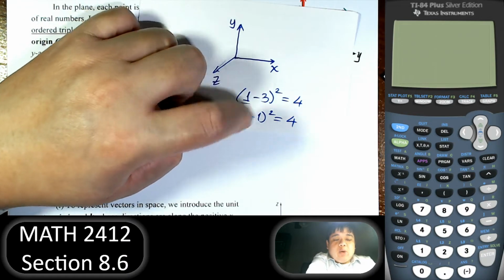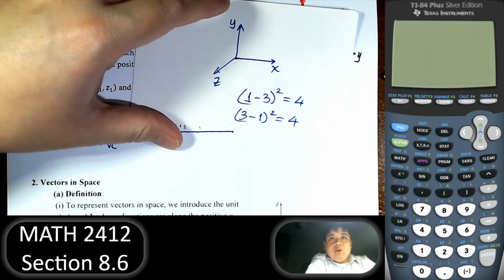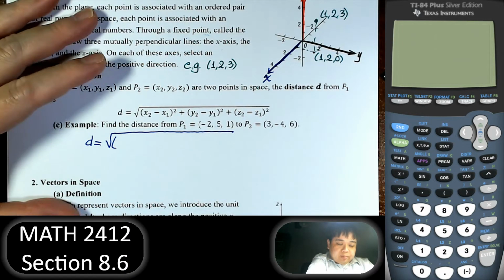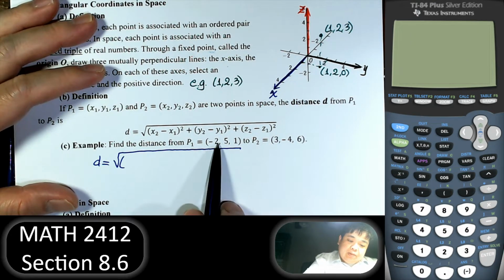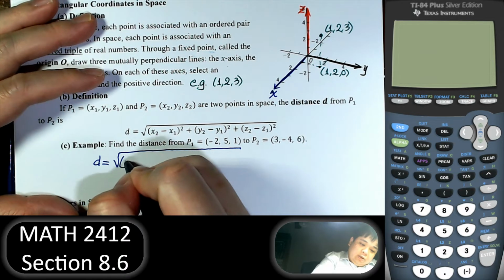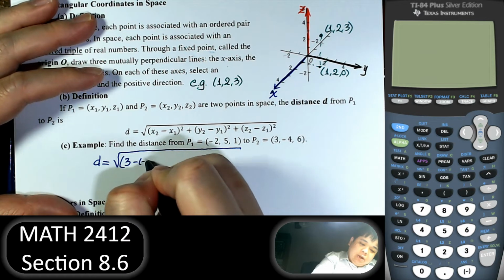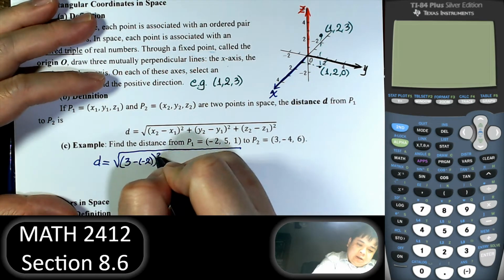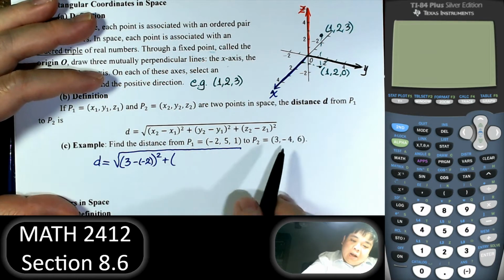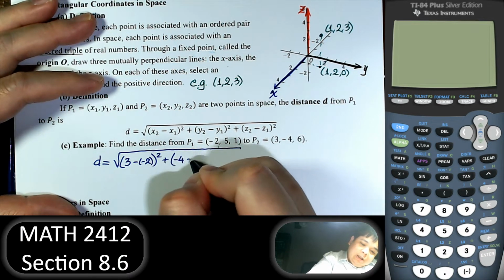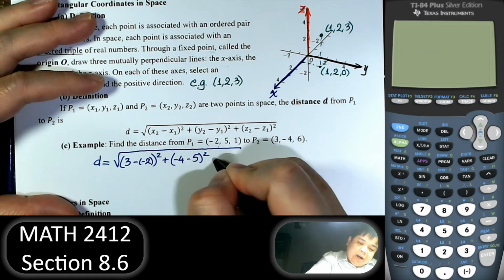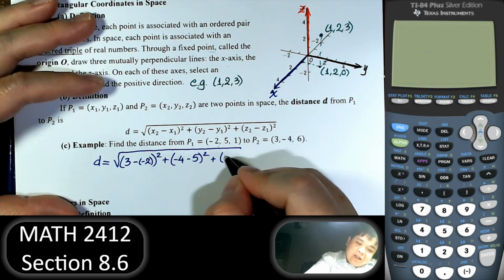Negative 2 squared or 2 squared, both of them equal each other. So I just take x minus the x. Let's use 2 minus 1, so we have 3 minus negative 2 squared plus y minus the y squared, and the z minus the z.